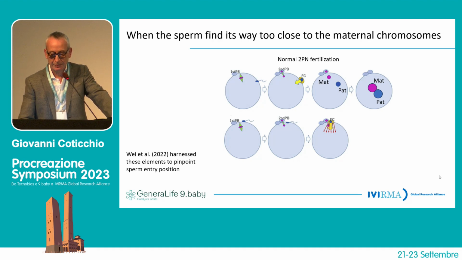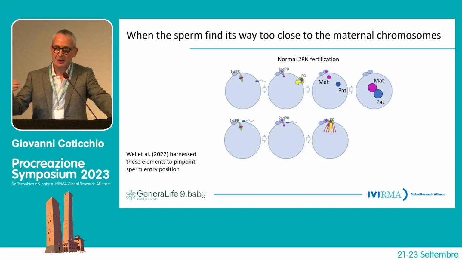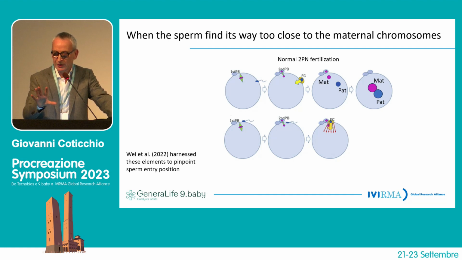In the upper sequence, you can observe what normally occurs in standard IVF. The sperm penetrates somewhere in the oocyte, the two pronuclei are formed, and they converge toward the center of the oocyte in preparation for the first cleavage.